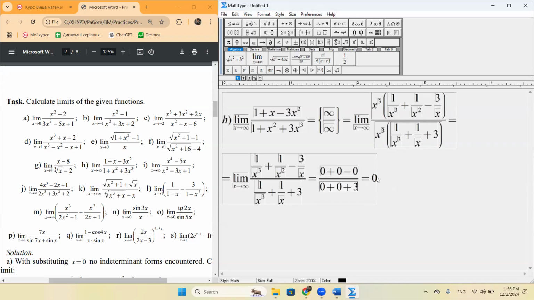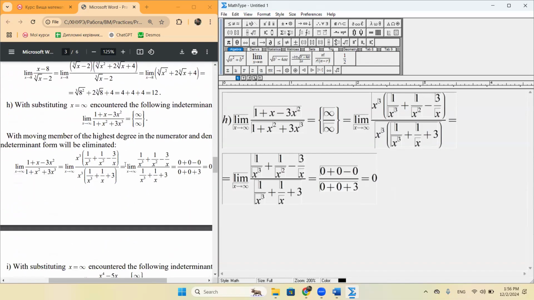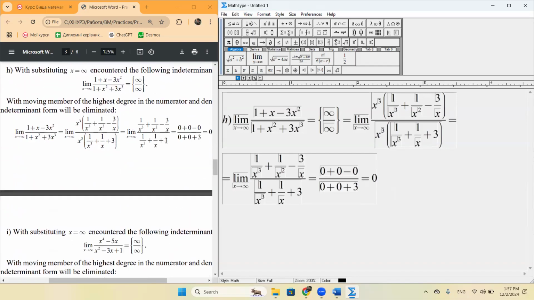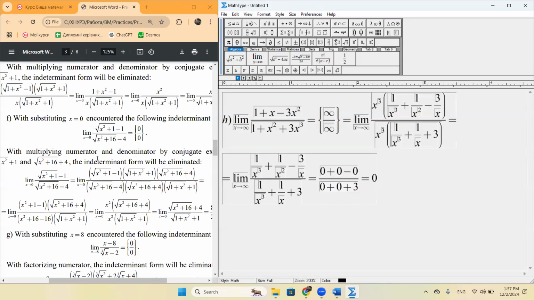So we divide 0 by 3, and of course 0 is the result. By the way, in these materials I moved the highest power out of brackets. Yeah, so better to solve in this way to avoid mistakes.